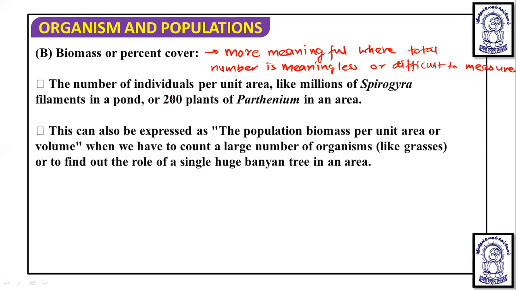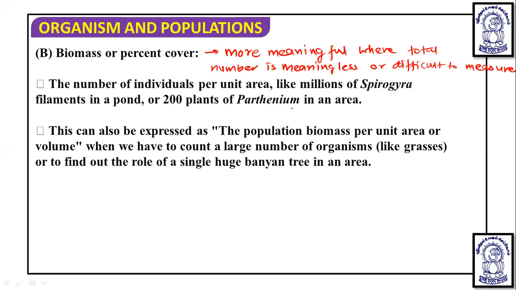So if we take an example, in an area, if there are 200 plants of Parthenium, the number of individuals per unit area, like millions of Spirogyra filaments in a pond, or 200 plants of Parthenium in an area.